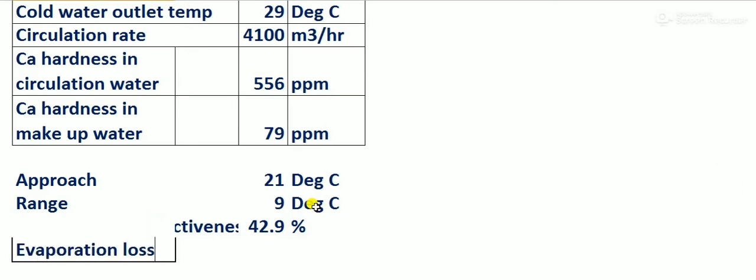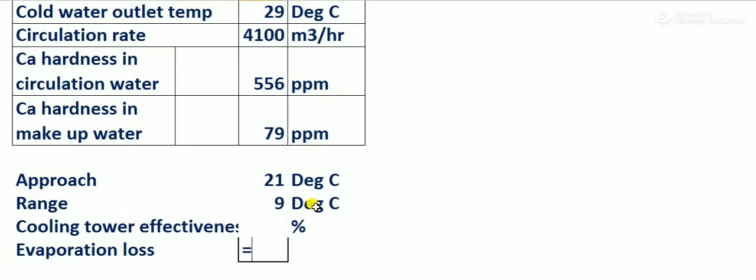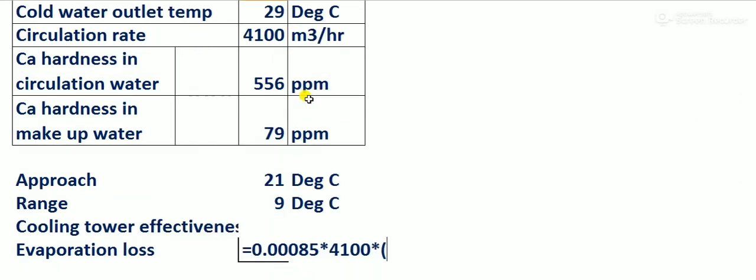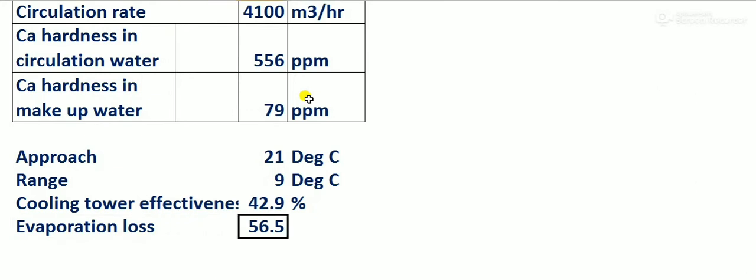Then evaporation loss. Evaporation loss is equal to 0.0085 into circulation rate, 4100 meter cube per hour, into hot water inlet temperature 38 degree minus cooled water outlet 29 degree. 38 minus 29 into 1.8 is for unit conversion.